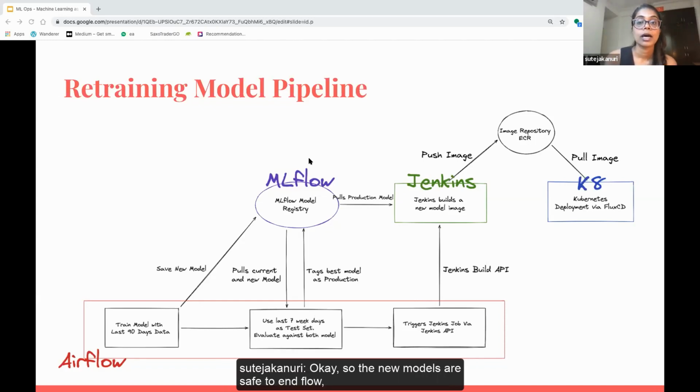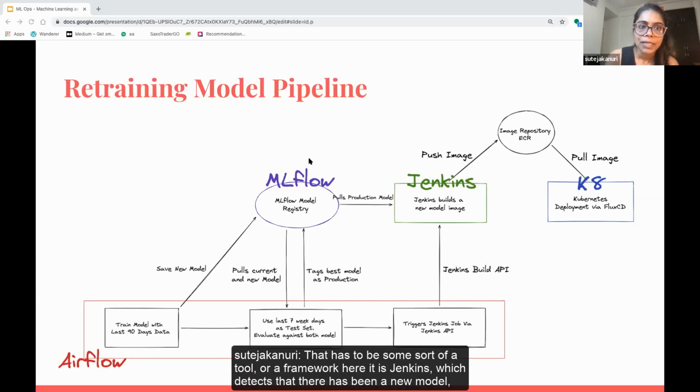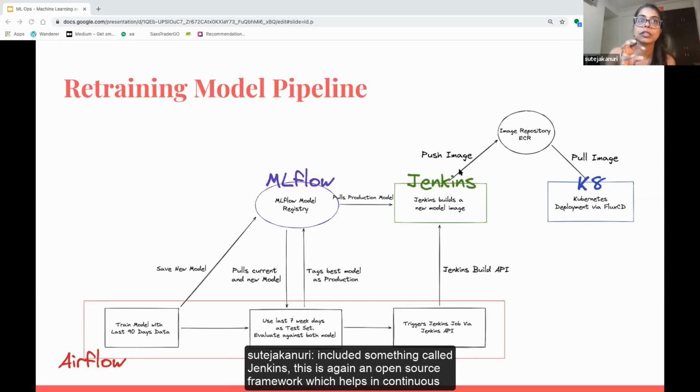Okay, so the new models are saved to MLflow. There has to be some sort of a tool or a framework. Here it is Jenkins, which detects that there has been a new model which has been trained. So let's compare how the new and the old model are performing with respect to the test data. For that, we have included something called Jenkins.